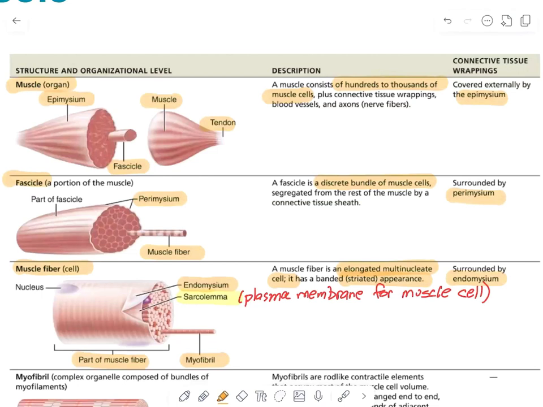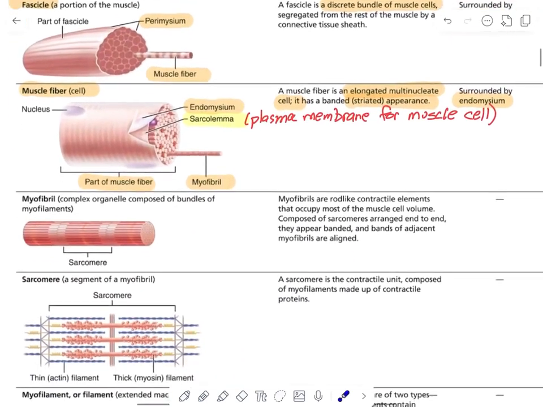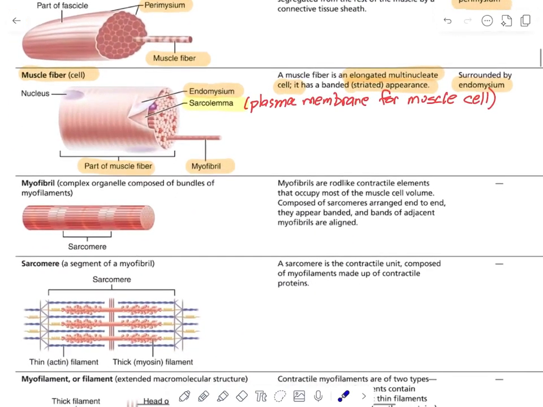Now we're going to take just the myofibril and look at it, which we can see in this region. Within that myofibril, it's really a complex organelle with bundles of myofilaments. Myofibrils are rod-like contractile elements occupying most of the muscle cell, and they're composed of sarcomeres.